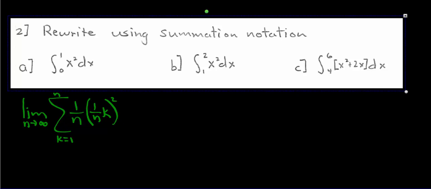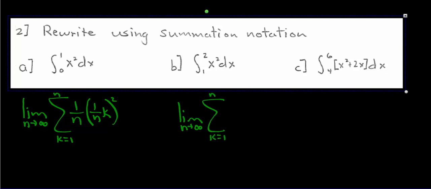Where this came from, we can go back and talk about that, but this is just meant to be a review, a real quick reminder. We replace x with delta x times k, and then we have delta x. So on this one, we have the limit as n goes to infinity, k goes from 1 to n.